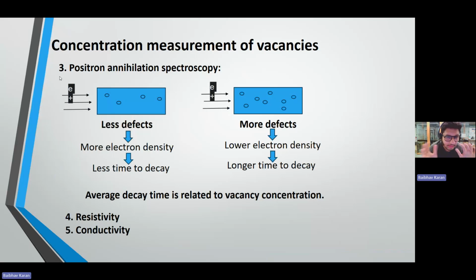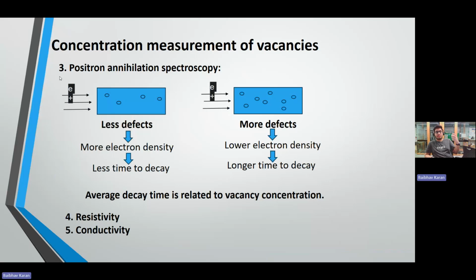Let's compare two situations where a sample has very few defects and a sample has more defects. If the defects are fewer, that means the electron density is more, because electrons are present in the sample.